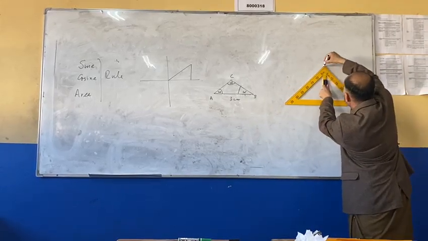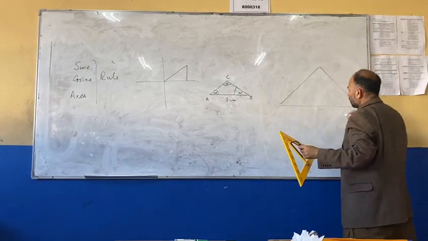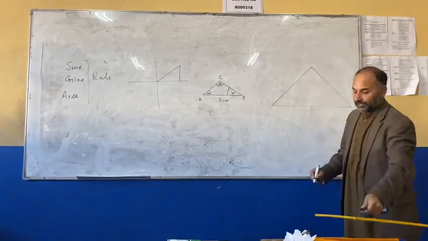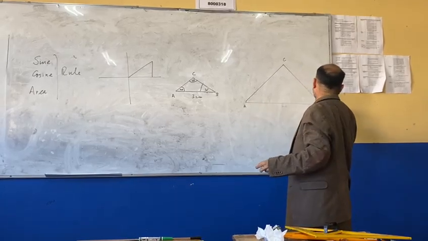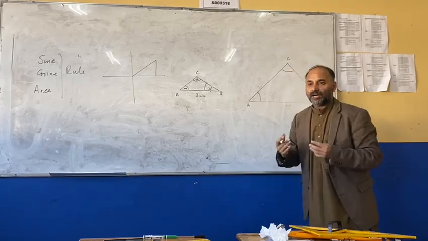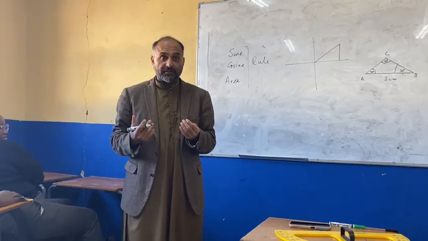Okay. Guys, any triangle, just for you to understand, this is just a triangle. It's not a right angle triangle. Let's say this is C, this is angle A, and this one is angle B. Do you have names for the three angles?